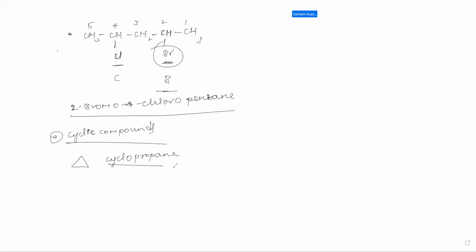Single bonds present, so that's why propane. Here 4 carbon atoms present, cyclo is a prefix, cyclobutane. Here 5 carbon atoms, cyclopentane. This 6 carbon atoms, cyclohexane.